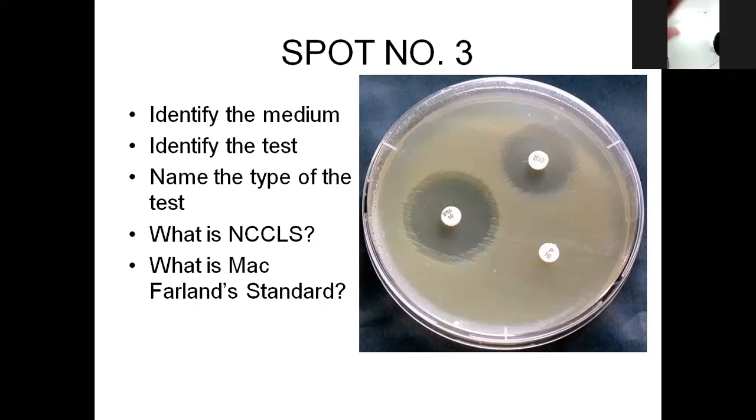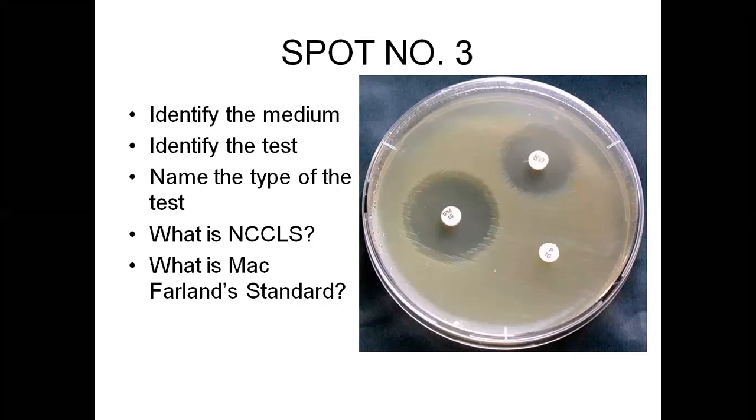So this picture shows the nutrient agar, and this picture shows discs of antibiotics. So we are going to put discs of antibiotic. The next day we are going to come and see if the disc is having a halo around it. It means that this bacteria is sensitive to this antibiotic.